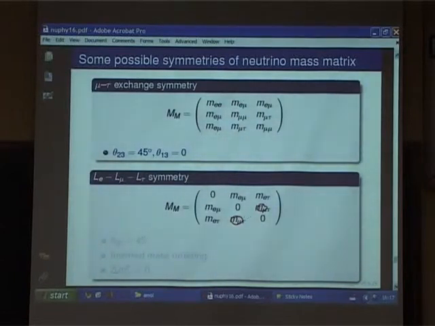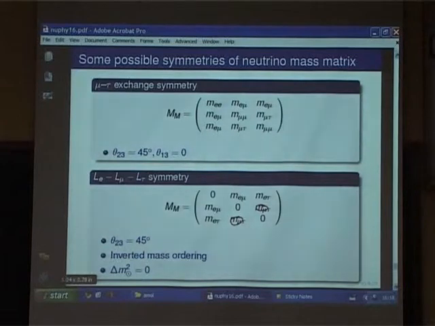If instead I take L_e plus L_mu minus L_tau, then that will exist. But even by this simple kind of symmetry, you get lots of predictions. This has 3 nice predictions. Perhaps I wrote this for L_e plus L_mu minus L_tau, so I will correct that. You can predict a value of theta 2,3.